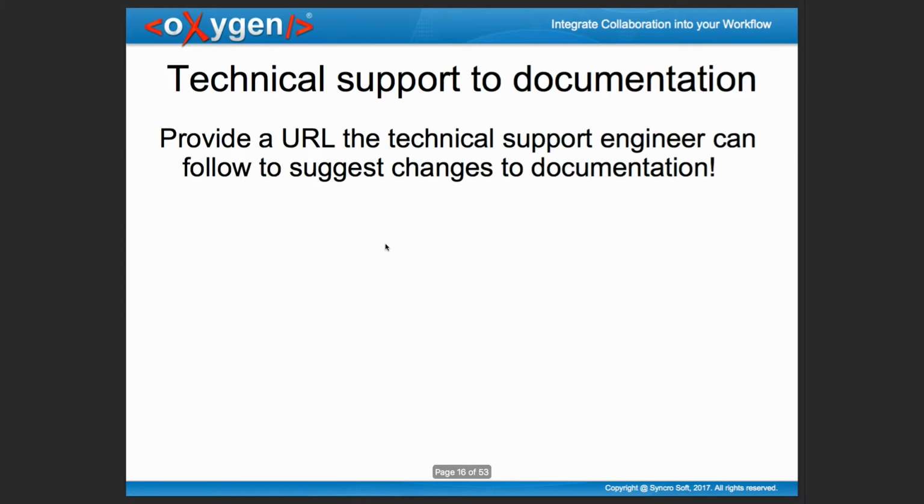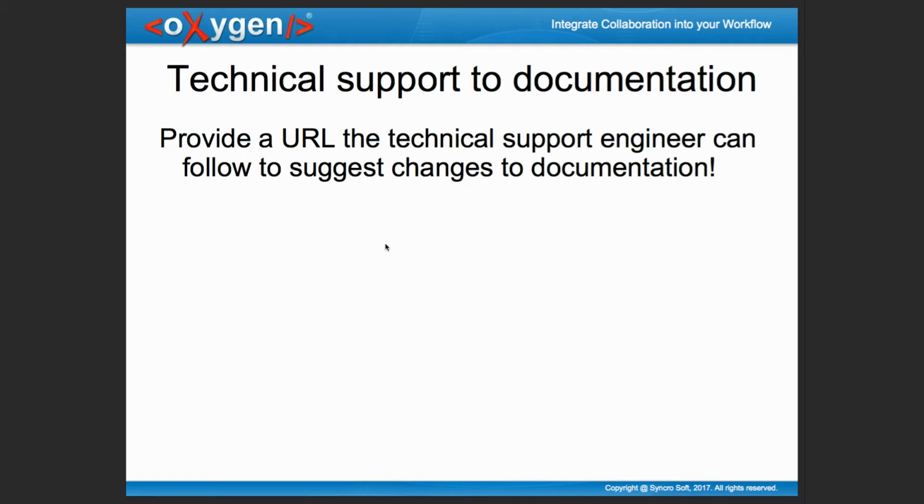The way that we do that is that we provide a URL in that topic they read from the user guide, which they can just click to obtain the source of the topic, so they can edit that and provide the suggested changes.